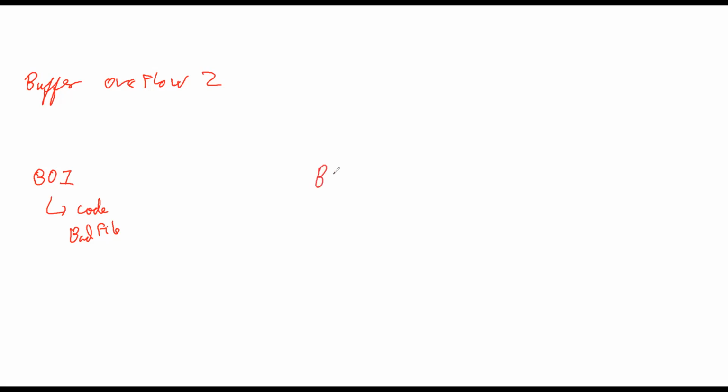In buffer overflow 2, I'm going to ask you to create the code injection on the terminal. That's going to be different because you're going to have to craft it in there. Obviously, that's going to be smaller.